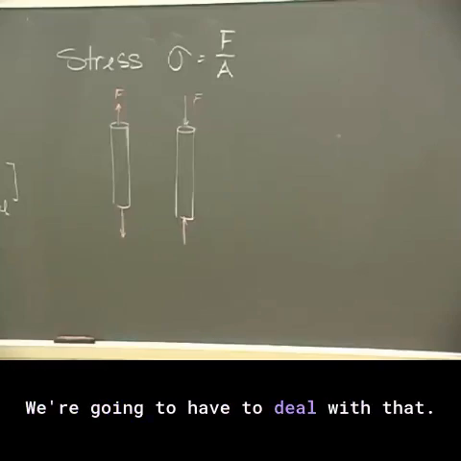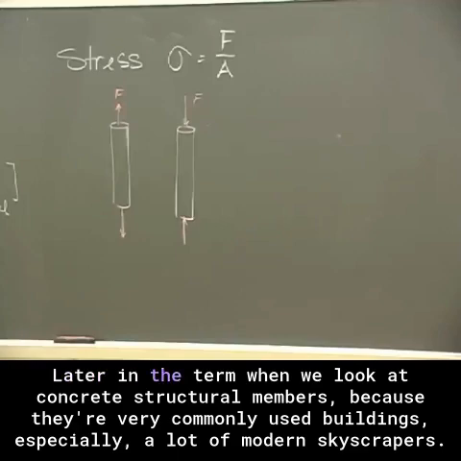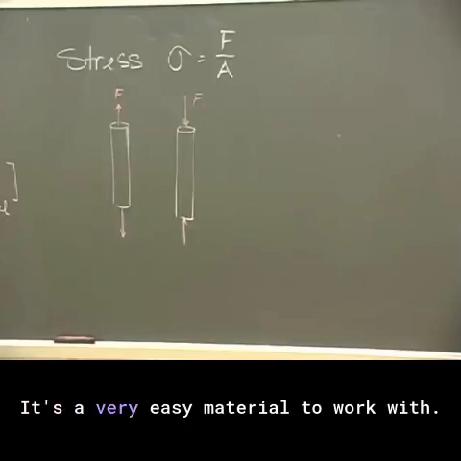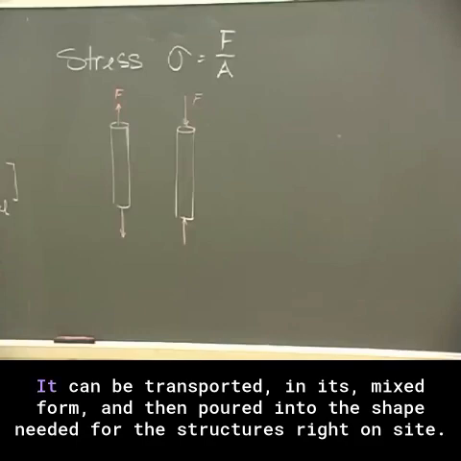We're going to have to deal with that later in the term when we look at concrete structural members because they're very commonly used in buildings, especially a lot of modern skyscrapers. It's a very easy material to work with. It can be transported in its mixed form and then poured into the shape needed for the structures right on site.